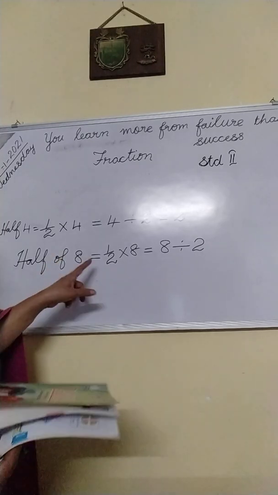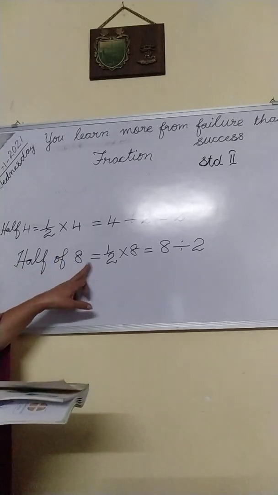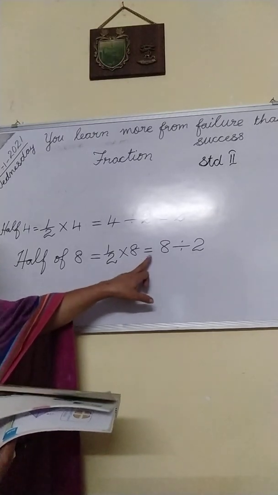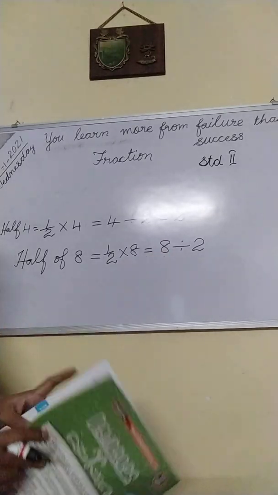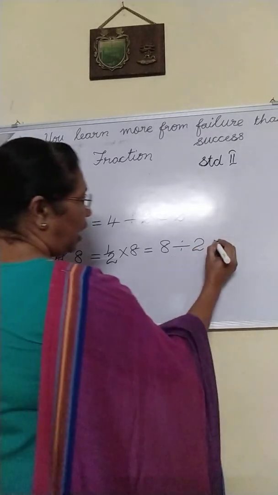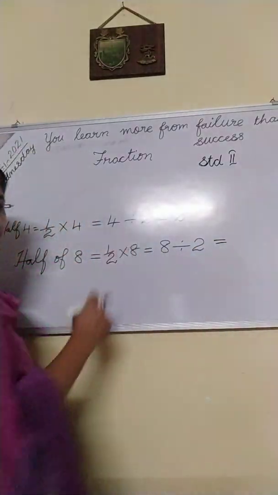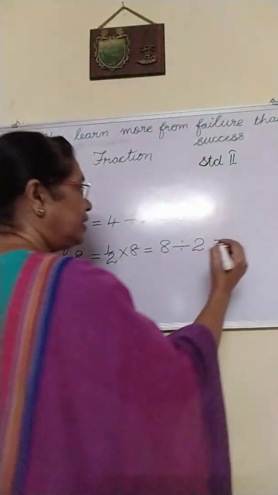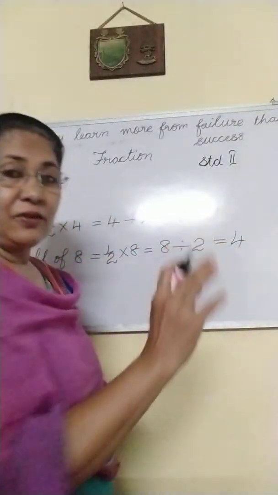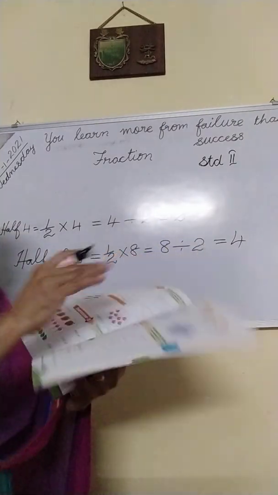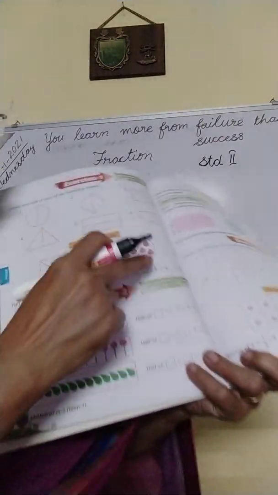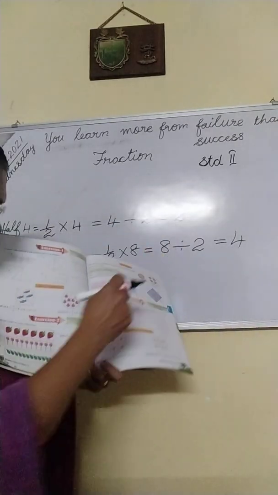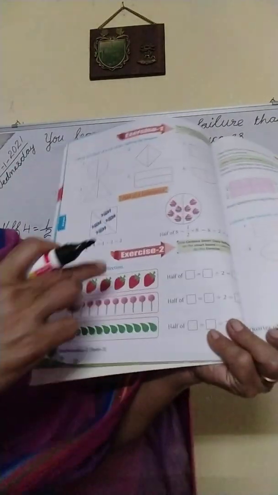All of you look there. Now, how many 2's are there in 8? Yes, 4. That means when we divide 8 into 2 equal parts, you get 4. 4 is the answer.